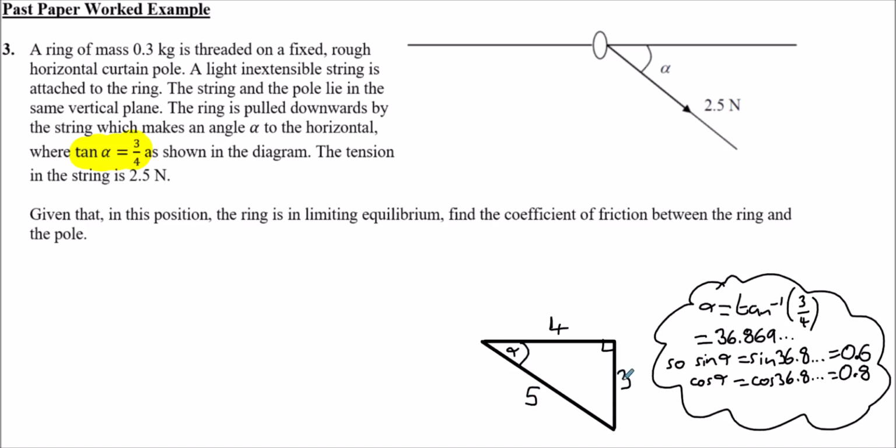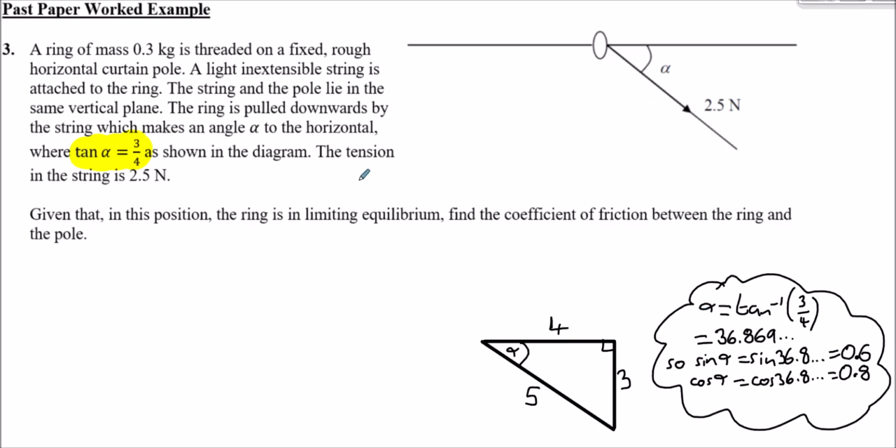Sine is the opposite divided by hypotenuse, which is 3 divided by 5, in other words 0.6. Similarly, for cosine, cosine's adjacent divided by hypotenuse, 4 divided by 5, which again is 0.8. So this is a more elegant way of working out, and more than that, understanding where this value of alpha comes from and why it's written in this neat form which it is.